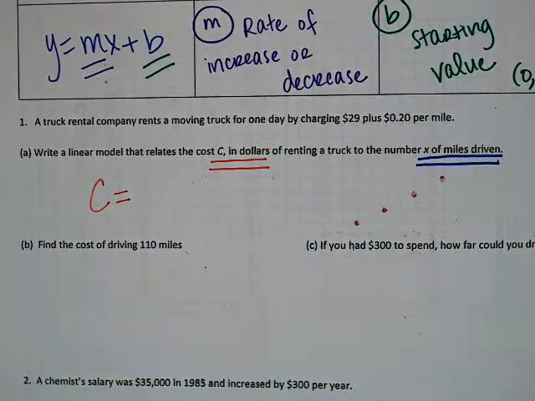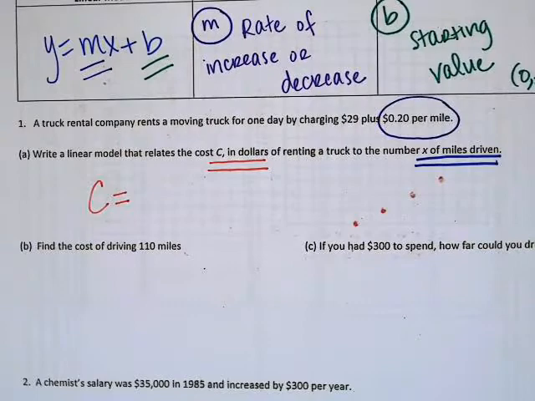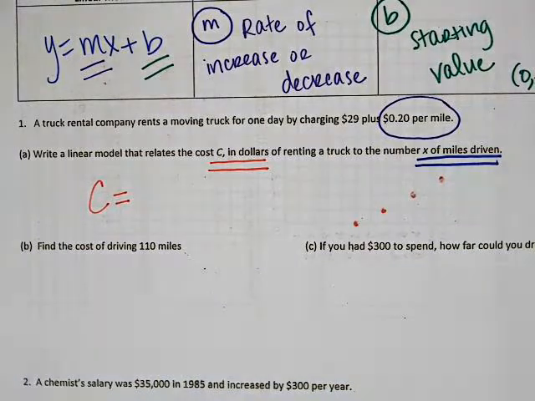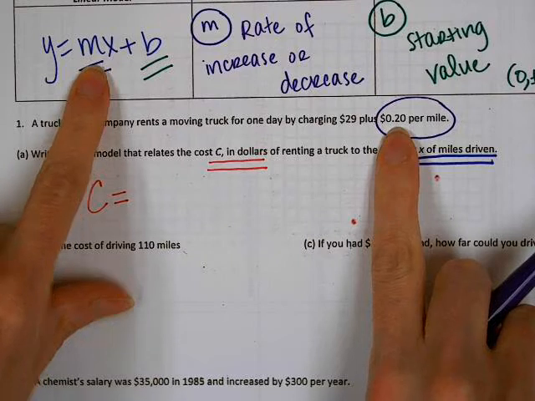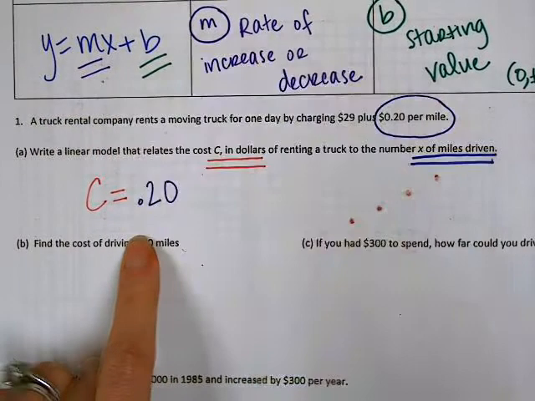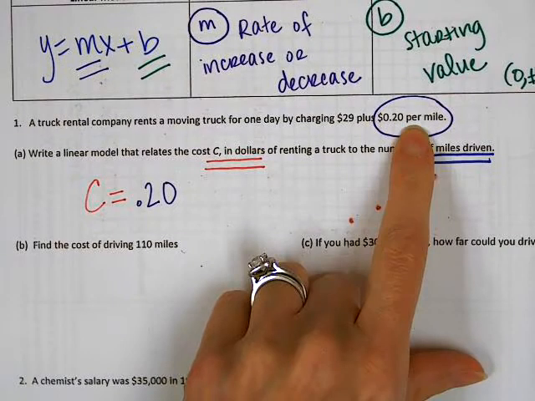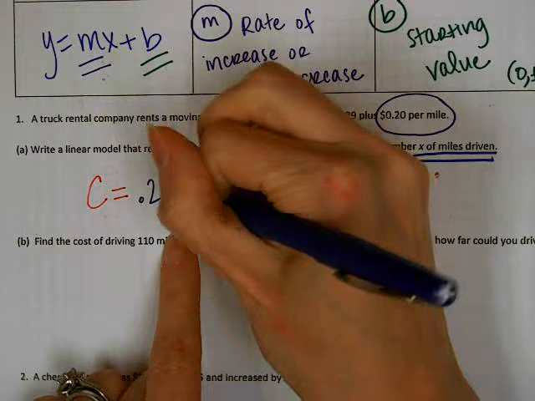If you read the problem, it's increasing 20 cents per mile. So that means the 0.20, or 20 cents, is the m. So we're going to write 0.20. And since it's per mile and mile is x, then we put the x.